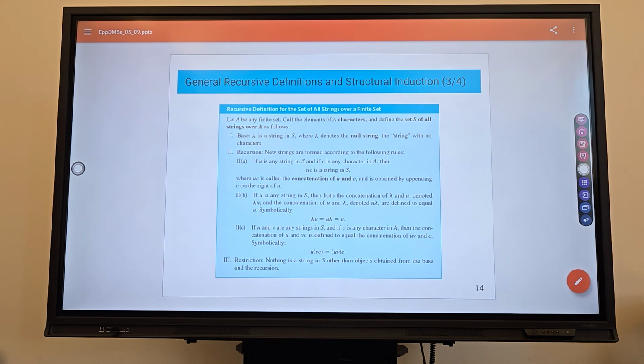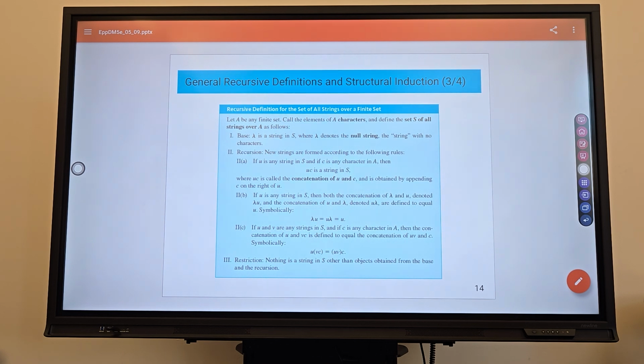Let A be any finite set. Call the elements of A characters and define the set S of all strings over A as follows. Base condition. Lambda is a string in S where lambda denotes the null string or the string with no characters.